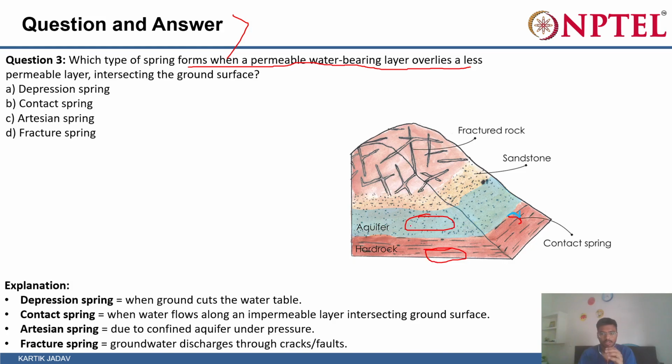So if an aquifer is overlying less permeable layers, then whatever spring occurs, we find that is known as contact spring. Okay, the correct answer is option B.